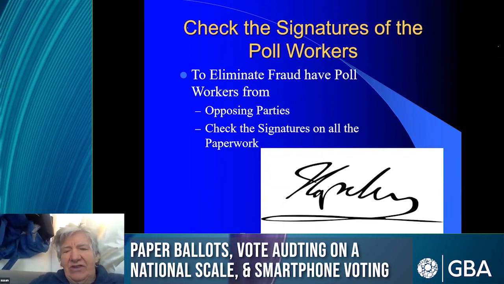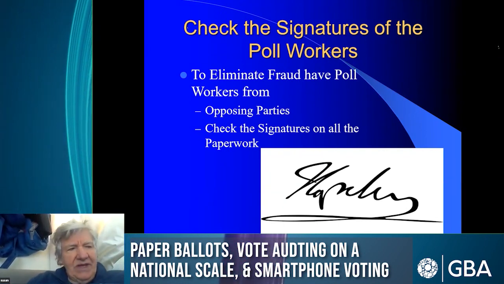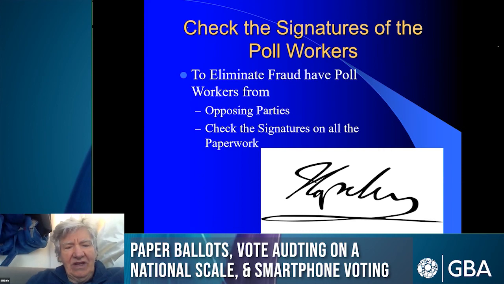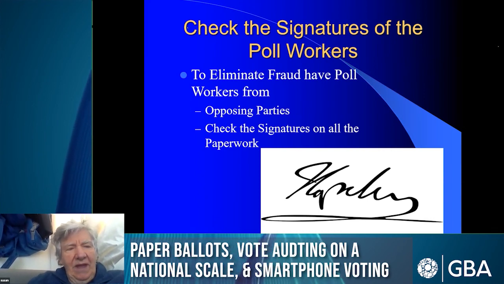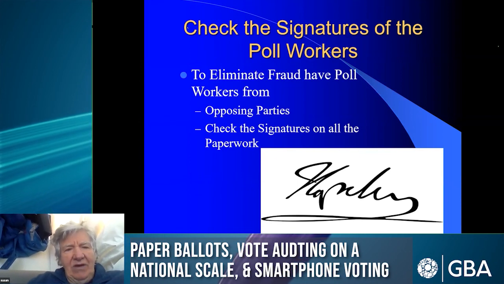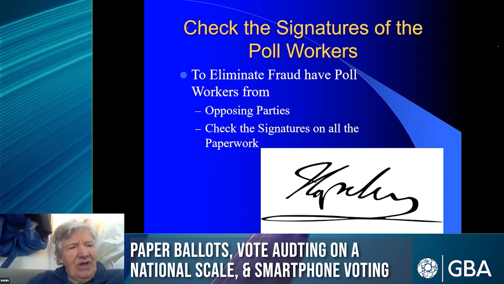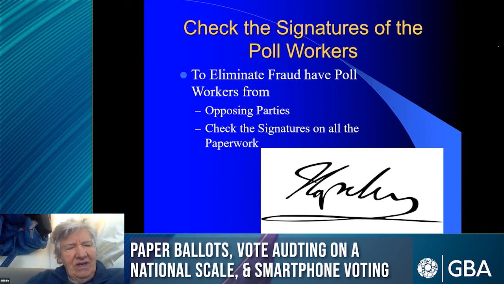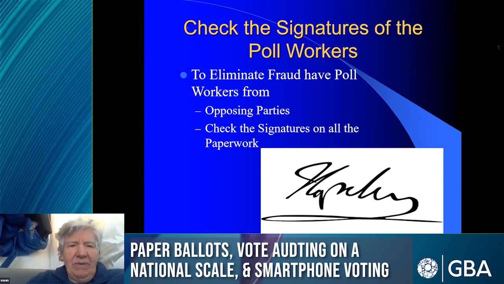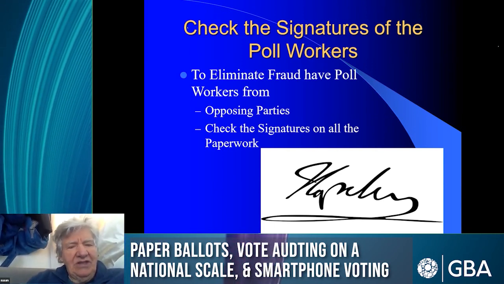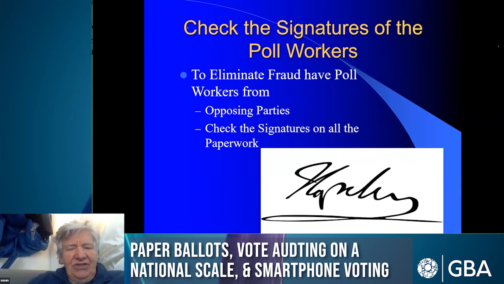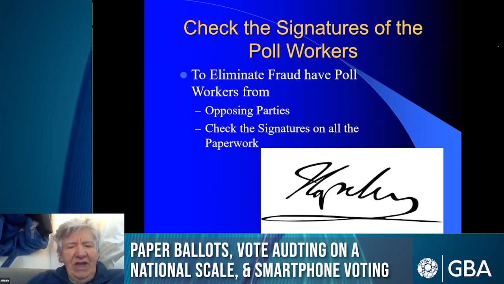In Chicago, when we set up the State Board of Elections after the Kennedy election was stolen, in 1970, we were able to stop using all Democrats as poll workers and make sure that it was truly people from opposing parties in each poll site. And then you check the signatures of those poll workers. That's how you eliminate fraud. Get the opposing parties and check the signatures.